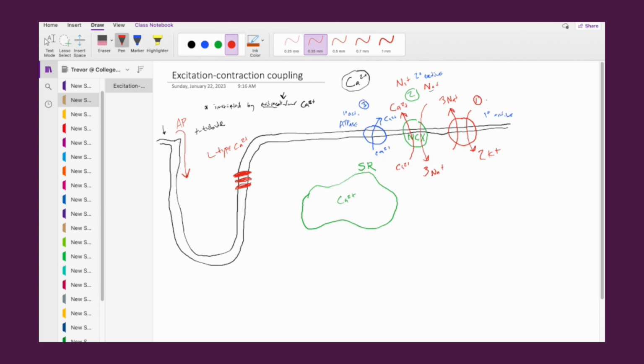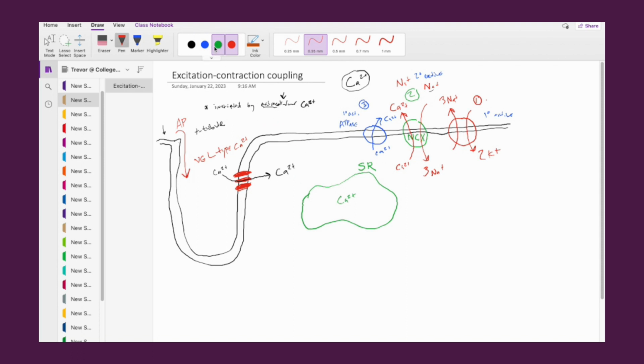So action potential reaches this L-type calcium channel, and we're going to see an influx of calcium. So this is that extracellular source of calcium. That's a voltage-gated channel. It's going to be triggered to open up. Calcium is going to move in. I'll add voltage here just so we're clear. Now, where does calcium go upon entering the cell?